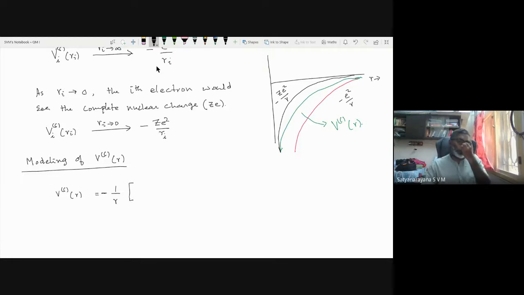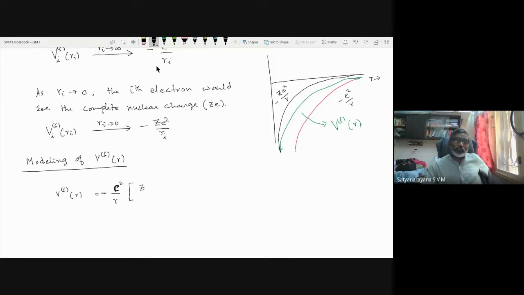So one has to think of this. Even e square I can write here because e square is common.